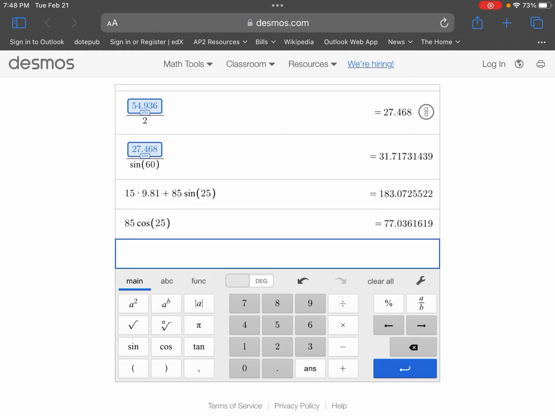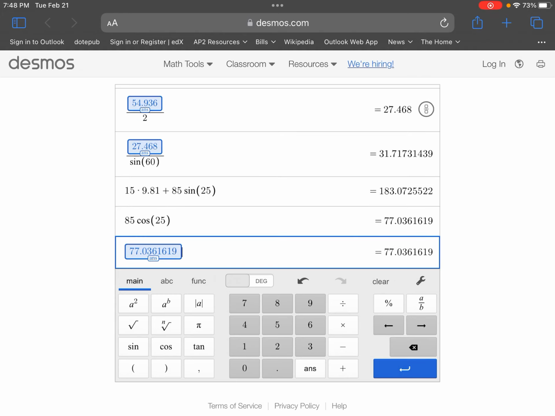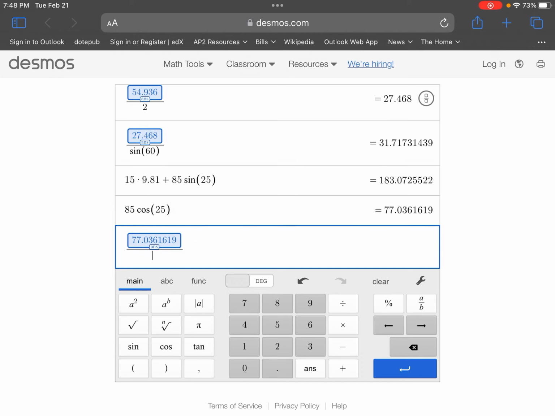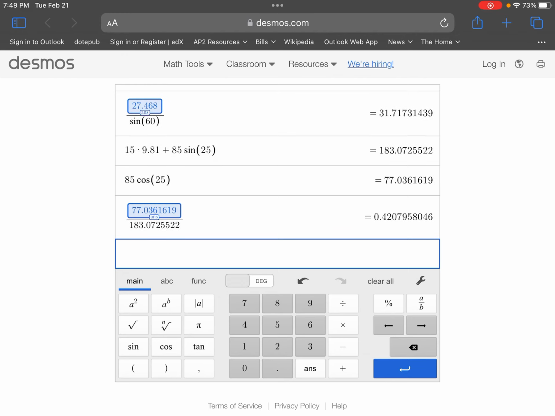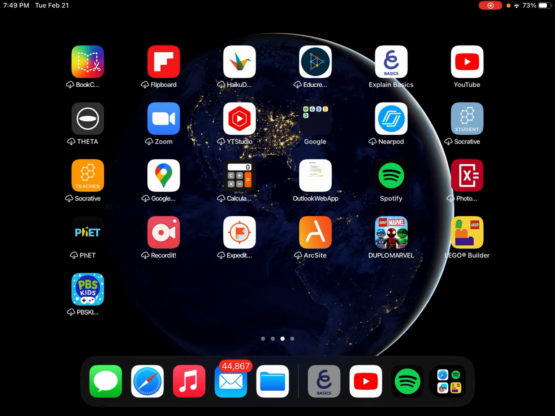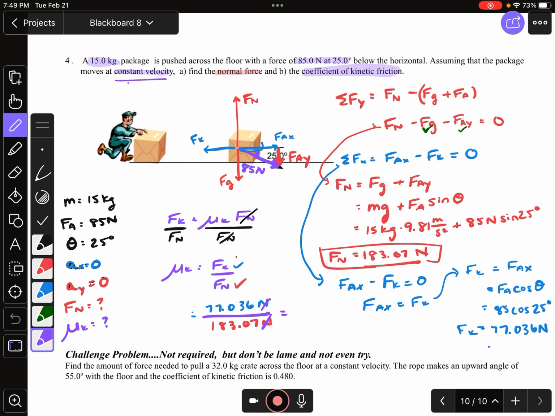Okay. So it's going to be the answer divided by 183.07255522. Do you notice how I put everything in there just to give me a better rounded answer? So I get 0.4207, and I'm going to round that to 0.421. All right. And that is my final answer.